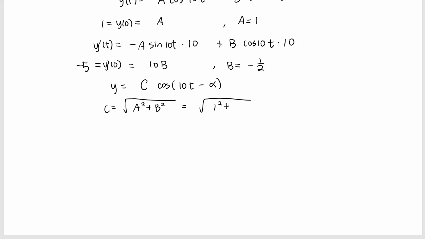B squared is negative 1/2 squared. So that is 1 plus 1 over 4 equals to 5 over 4. And then we have square root of 5 over, what is square root of 4? Yes, that's 2. So this is the amplitude C.